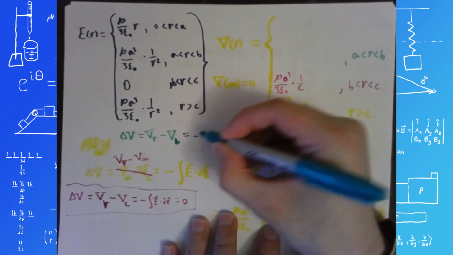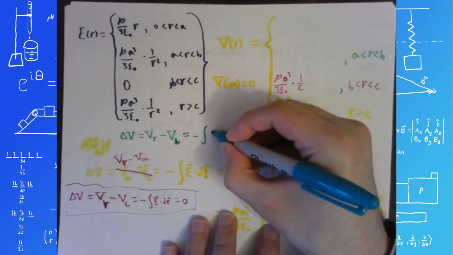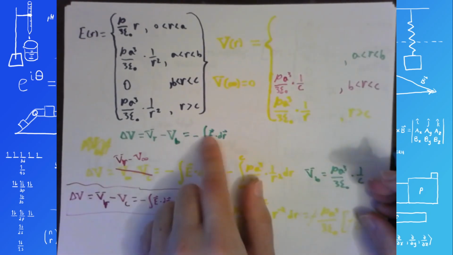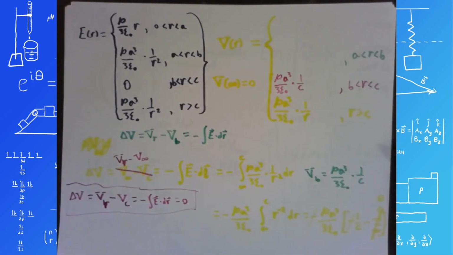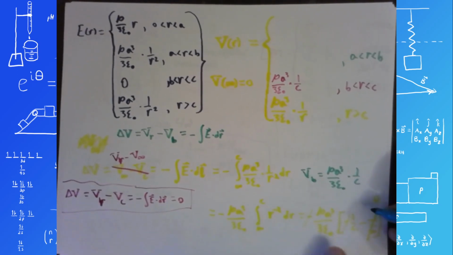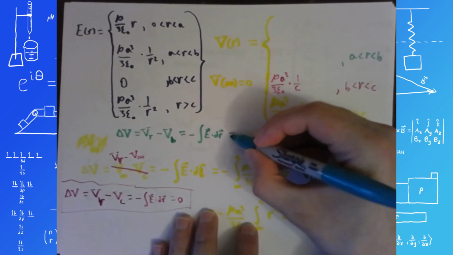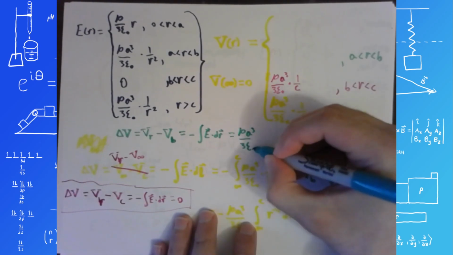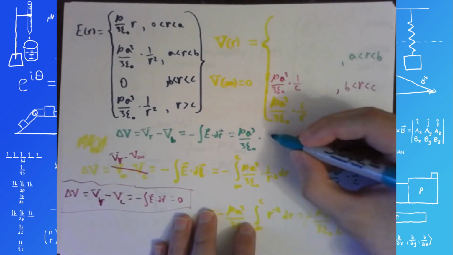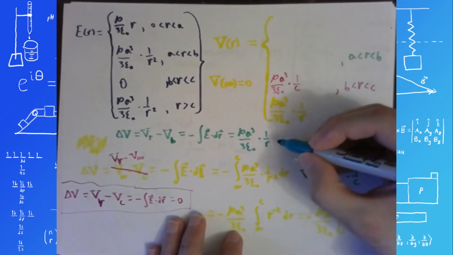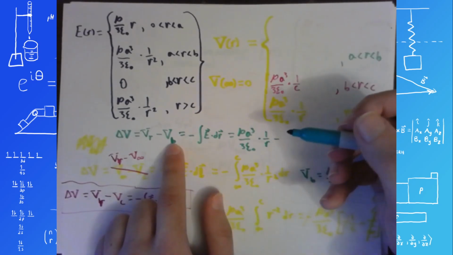And then that equals negative integral E dot dr, and we know what the negative integral of E dot dr is going to give us. It's going to give us rho A cubed over 3 epsilon naught times 1 over r, equals rho A cubed over 3 epsilon naught times 1 over r, minus, of course, VB.